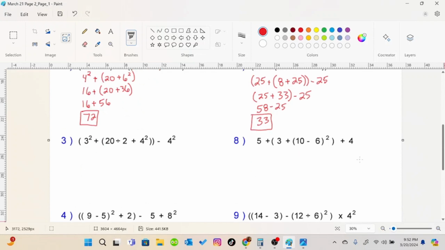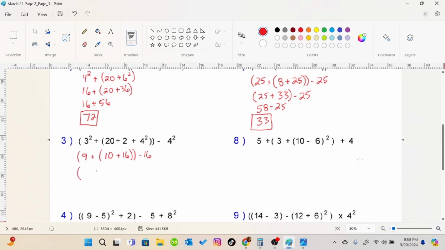Number 3. I have 3 squared, which is 9. I have 20 divided by 2, which is 10. And I have 4 squared, which is 16. And then 4 squared, which is 16 again.